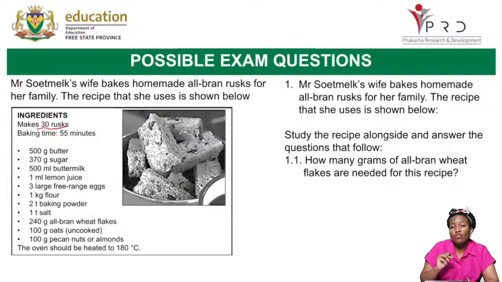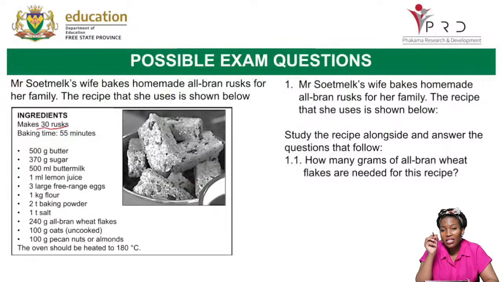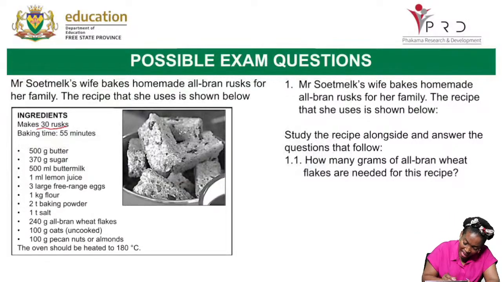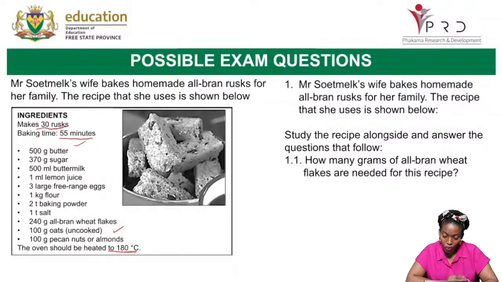Very important to know how many items your recipe is able to produce. And the baking time here is 55 minutes. So these are the ingredients. You need 500 grams of butter, up to 100 grams of pecan nuts, and the oven should be heated to 180 degrees Celsius. We are happy with this information.